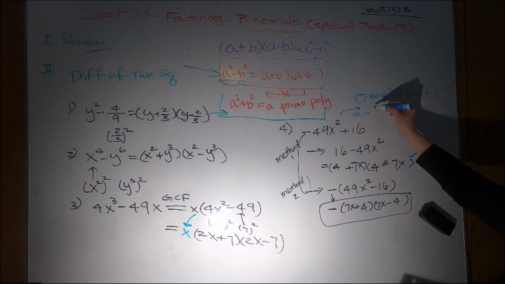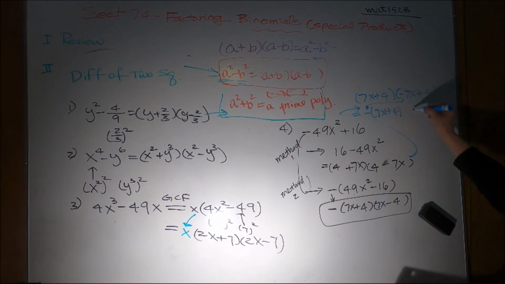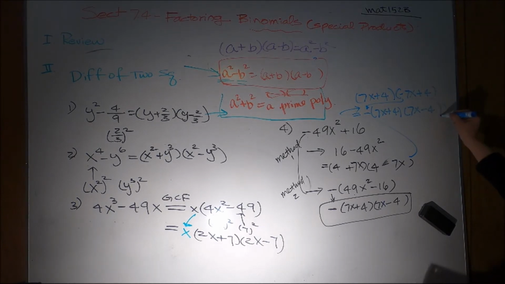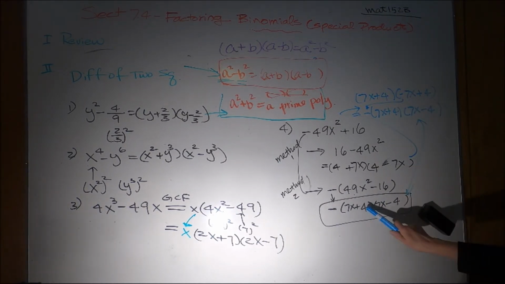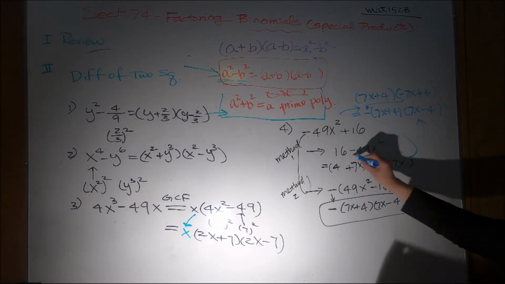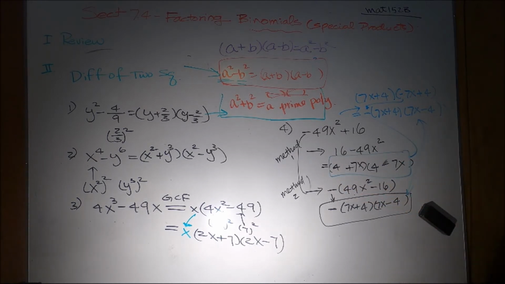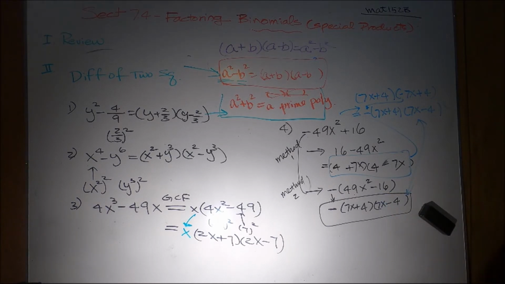Negative outside, right? This is a 7x plus 4. If you take the negative outside, what do you have? Change the sign, 7x and minus 4. If you write it in standard form, would that be the same? Yes. I think your homework would take either way. Try this. Also try this one. Try this one. See, the computer will take it. But on the test, on the paper, either way, it would be okay.